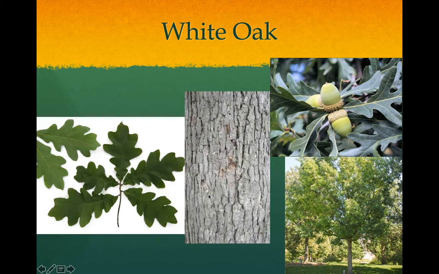The white oak is going to have very, very light gray bark, hence the name white oak. It's not completely white, but it's very light gray. And compared to the acorns on a southern red oak, these are much larger, more oblong acorns. So it's a little different from the southern red oak, because you're looking at rounded lobes, a more oblong acorn, and a lighter gray bark.